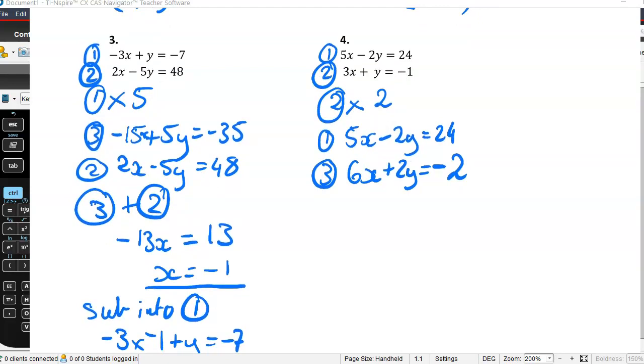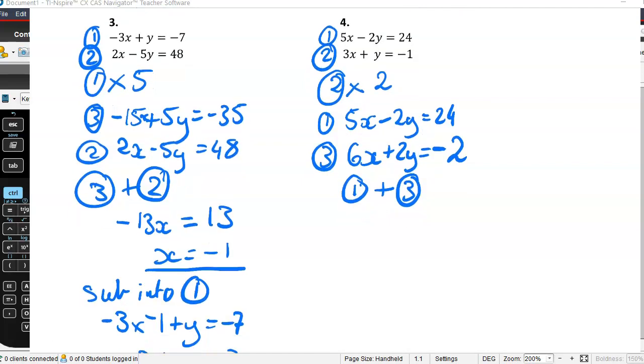Okay, so again, I'm adding. I've chosen all examples where you can add. You can subtract as well. So depending on what you've got, you can subtract. Look in your textbook for a lot more examples. So equation 1 plus equation 3, so 5x plus 6x is 11x.